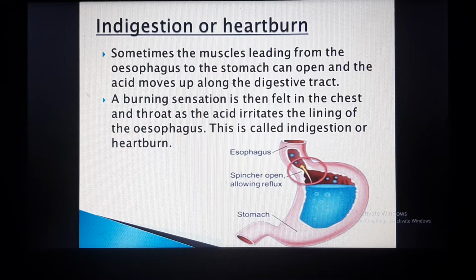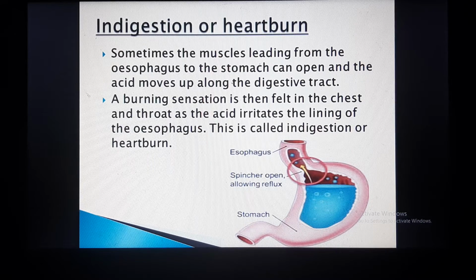Now we are discussing indigestion or heartburn. What does it mean? Sometimes the muscles leading from the esophagus to the stomach can open and the acid moves up along the digestive tract. You already learned this in biology, and the picture is also given. We can see the esophagus and stomach, they are connected.